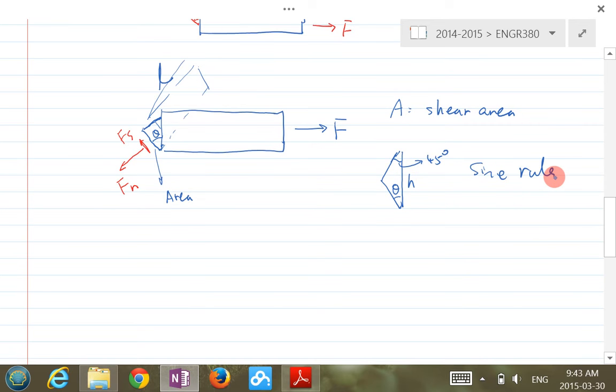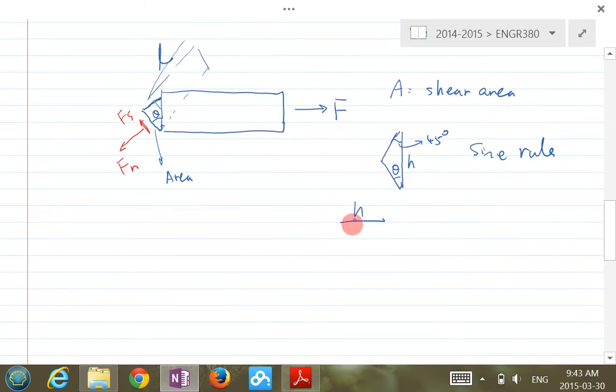The sine rule basically says H over the angle on the opposite side of this H. And how much is that angle?